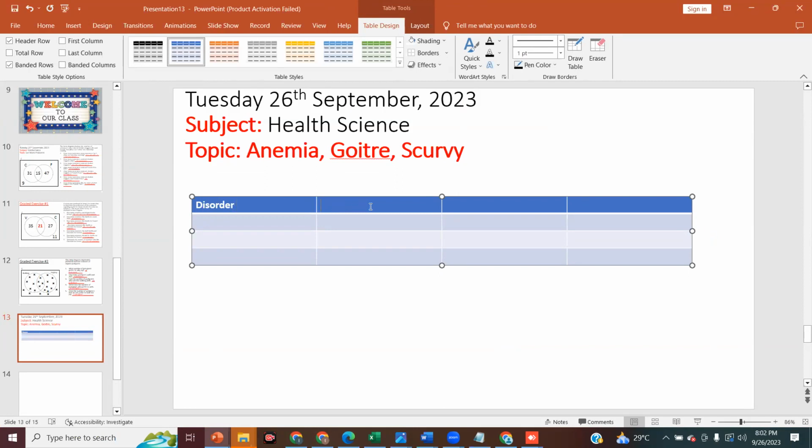In this column, you want to put the cause, and this one you want to put the effect on the body. And this one you want to put the nutrient source.